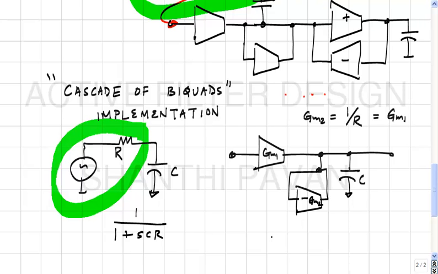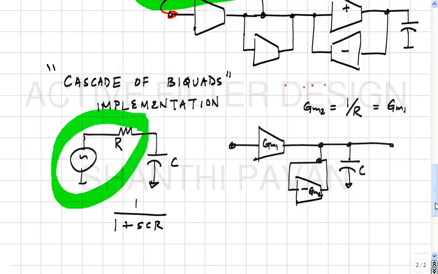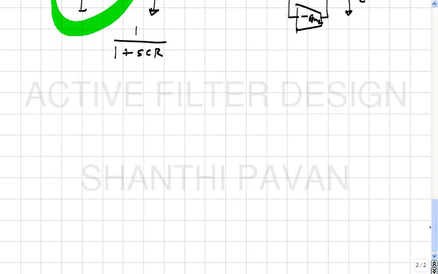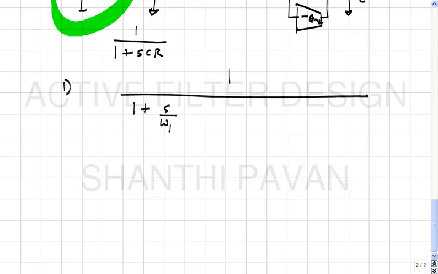There are several questions that come up when you say I want to cascade these sections. The first one is, please note that the denominator can be broken up as 1 plus S by omega P1 QP1 plus S square by omega P1 square.